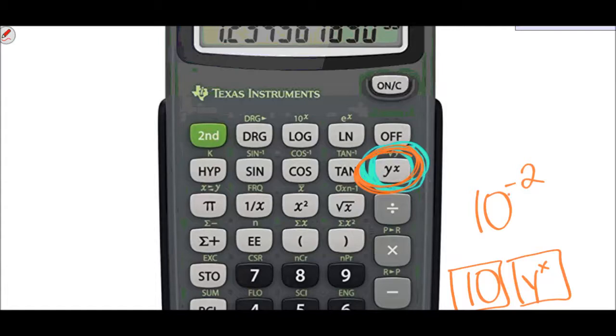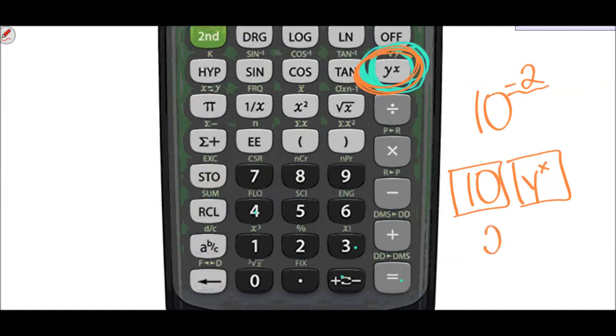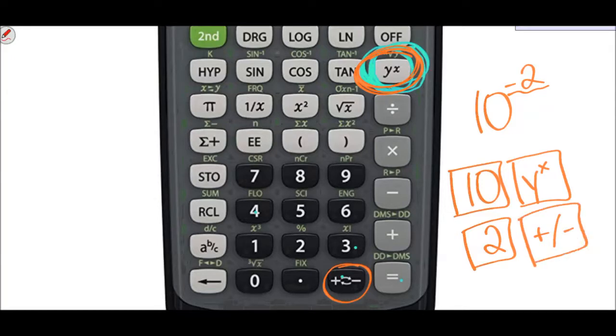And then, remember in this calculator, the negatives are kind of weird. You have to type in 2 first. So you type 2, and then you hit this button by changing it into a negative. That'll give you that expression. If you hit equals, it'll give you 0.01.